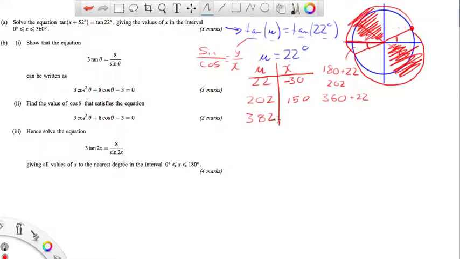And that's going to give us 330. However, if we look at the domain, x must be between 0 and 360. So it actually can't be the first original one. So that means that x is equal to 150 degrees and 330 degrees.